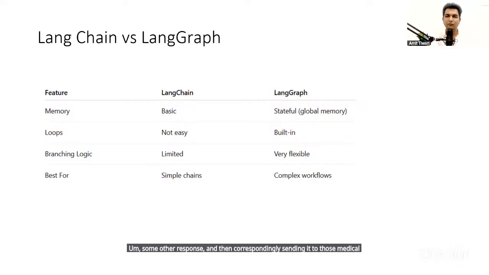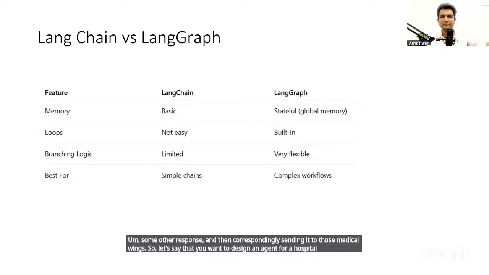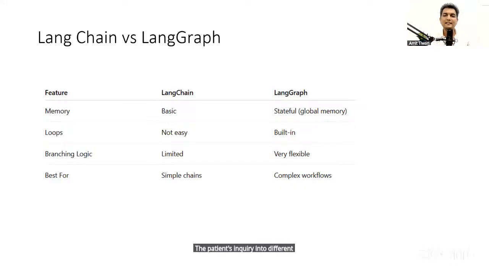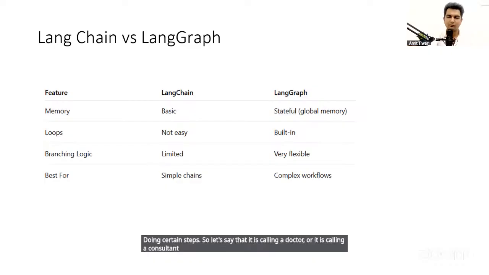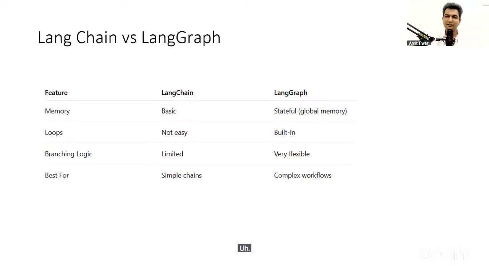So let's say that you want to design an agent for a hospital where you are classifying the patient's inquiry into different categories, and in these different categories it is doing certain steps. Let's say it is calling a doctor, or it is calling a consultant, or whatever is required. So this is what we will build in today's class: a real case study of an agent which we will use for medical purposes.